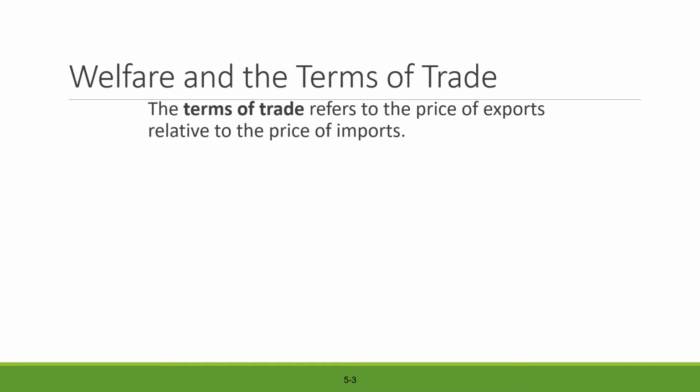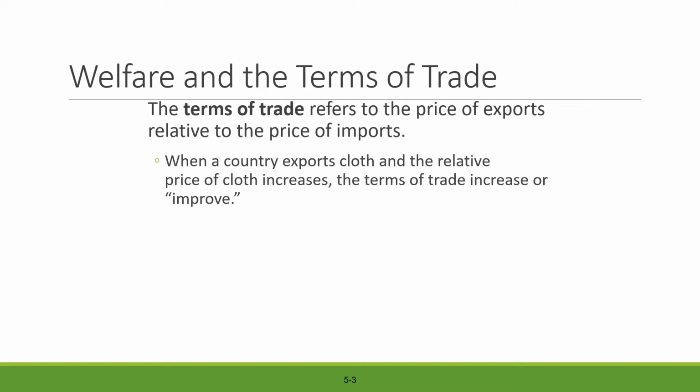Now, when the price of something that we export increase, for example, we are exporting cloth and the price of cloth increase, the term of trade increases. Why? Because now we get more income, whereas the price of imports has remained the same. So we are earning more income and we are spending less. Therefore, whenever the price of exports increases, we say the terms of trade have improved.